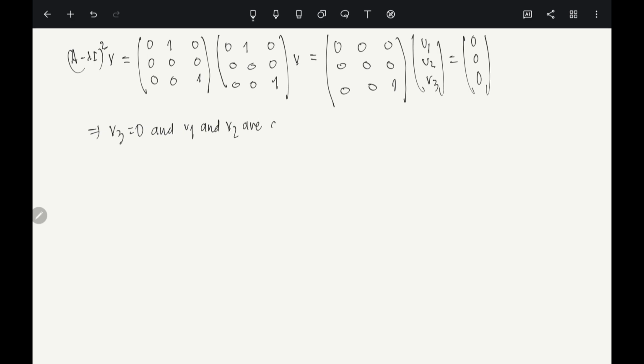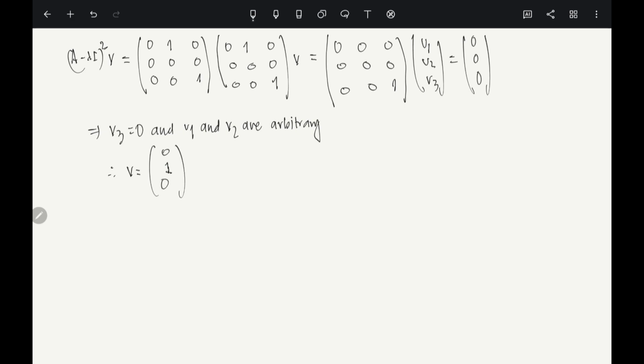Clear? So this will imply that v3 equals 0 and v1 and v2 are arbitrary. You can choose whatever you want. So the vector which we choose here, since v1 and v2 are arbitrary, let's just choose it to be 0 1 0.